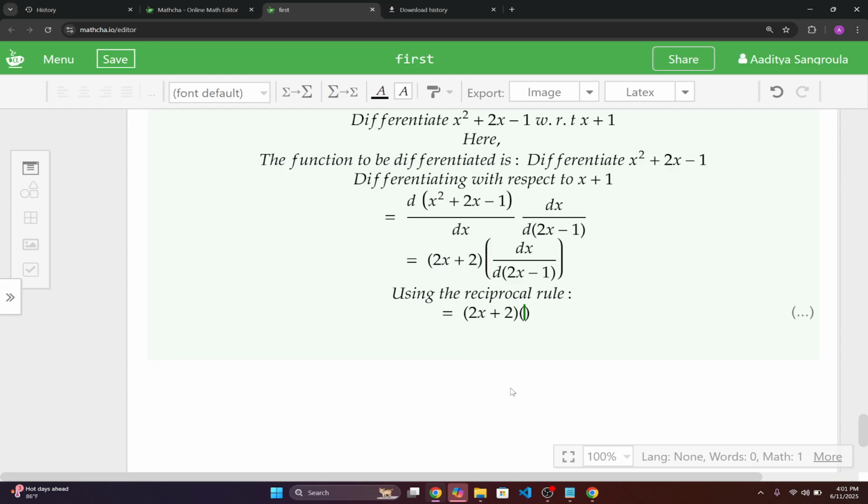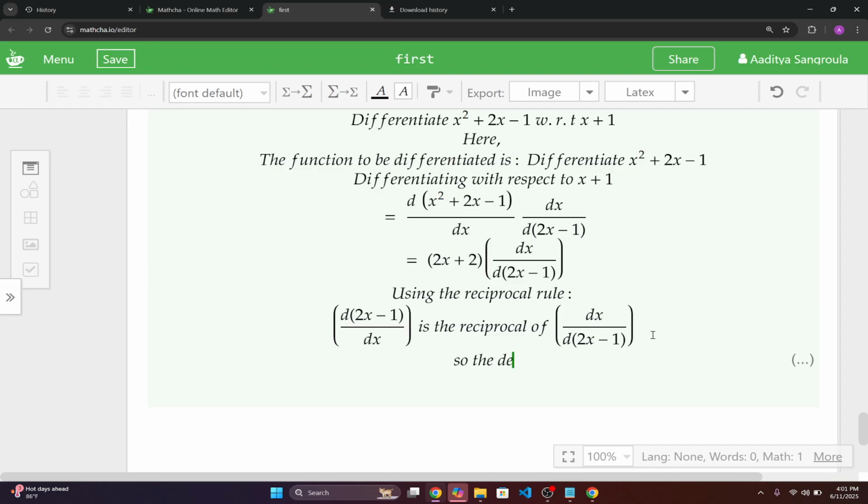So, d of 2x minus 1 and dx. No, that cannot be written as this. Right? It is the reciprocal of this.